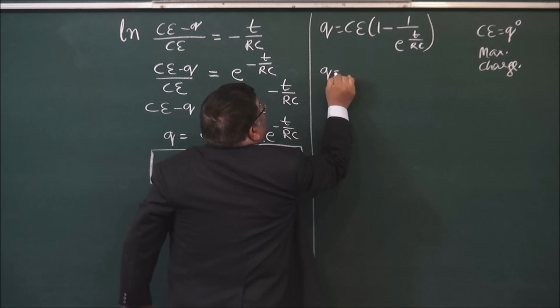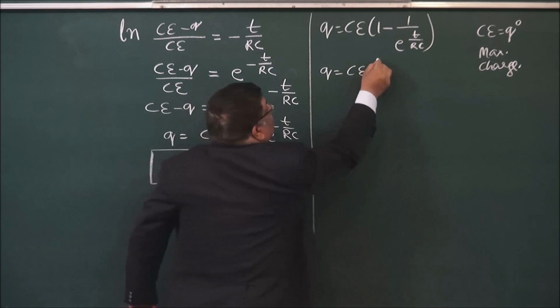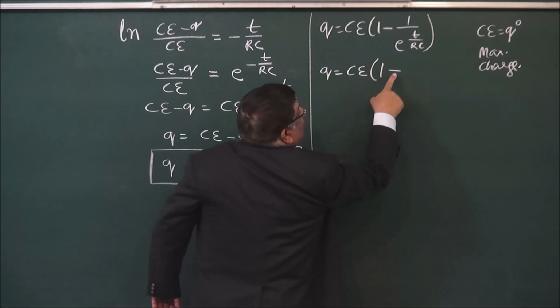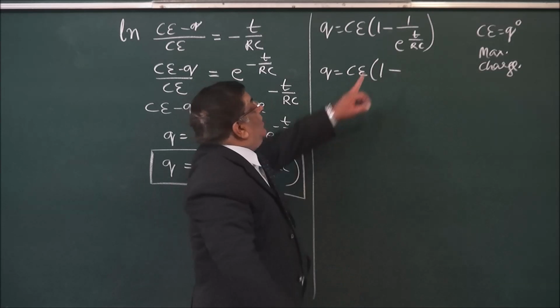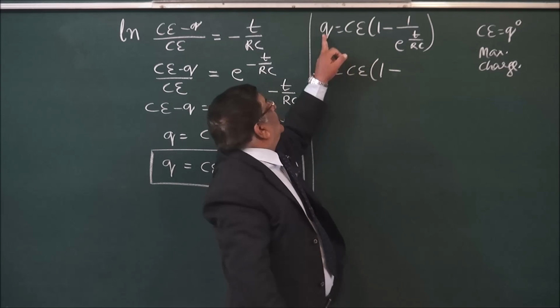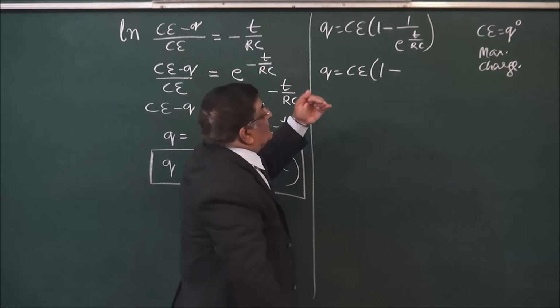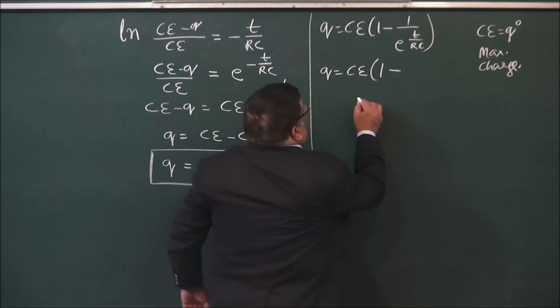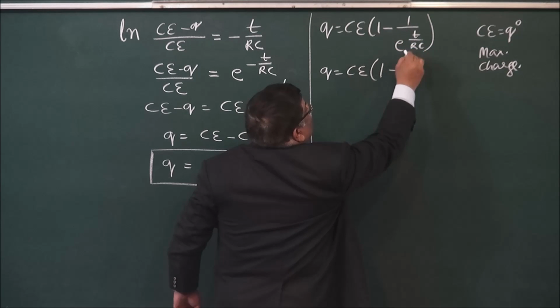So Q is equal to CE, but not full CE. It is always deducted, there is a minus here by this term. So the larger this term is, the less the charge will be. So let us test it. When time is equal to 0, how much will this be?